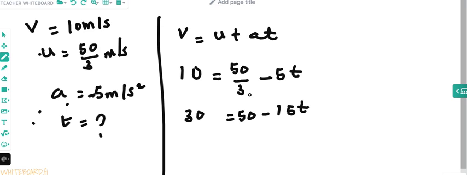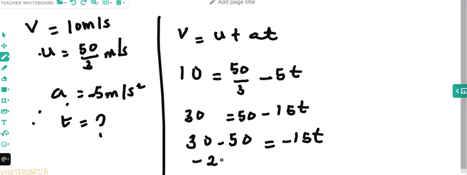Because 3 times 10 is 30, 50 over 3 times 3 gives you 50, then minus 5 times 3 gives you minus 15. Collecting like terms, we have 30 minus 50 equals negative 15t, so negative 20 equals negative 15t.